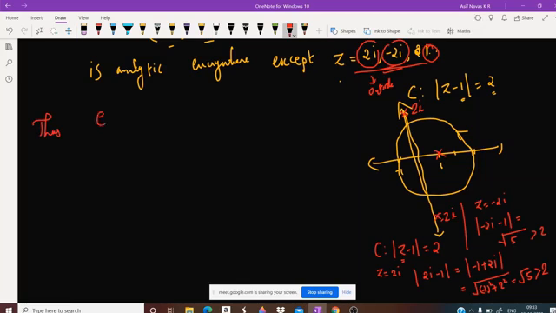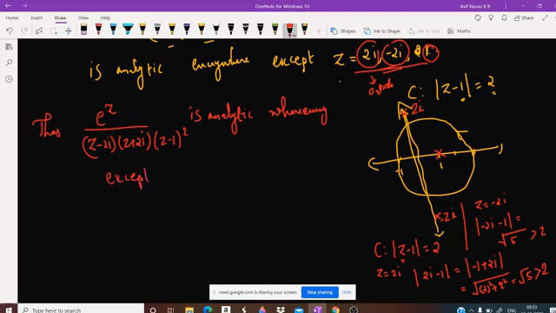Thus e raised to z divided by z minus 2i into z plus 2i into z minus 1 all square is analytic everywhere except at z equal to 1 inside C. So what is C?